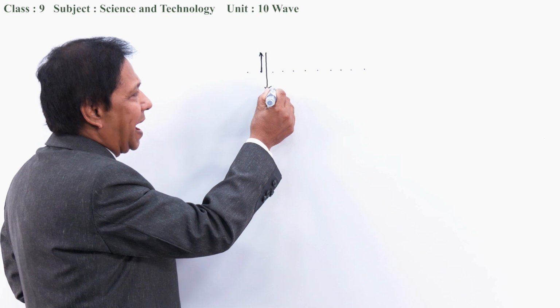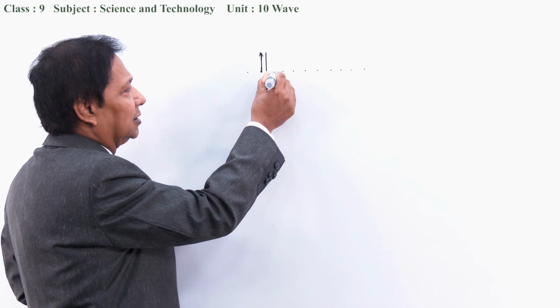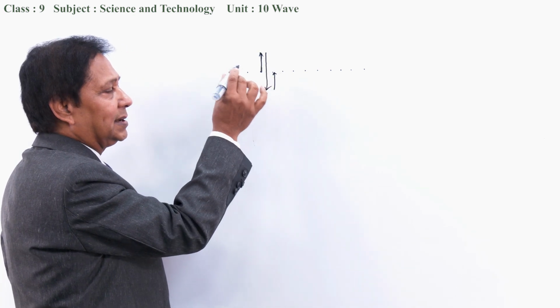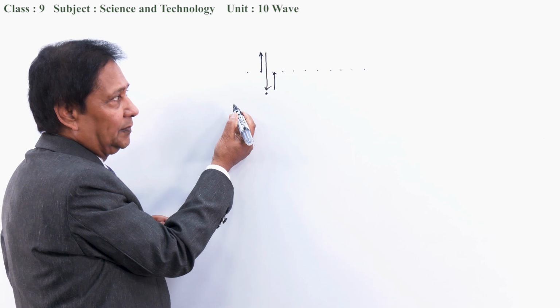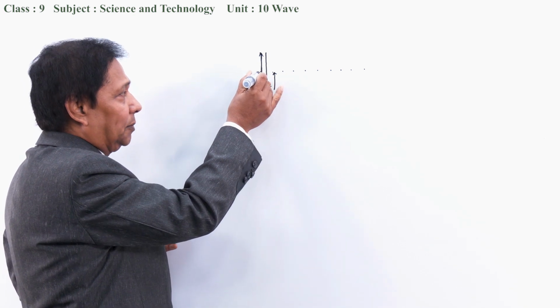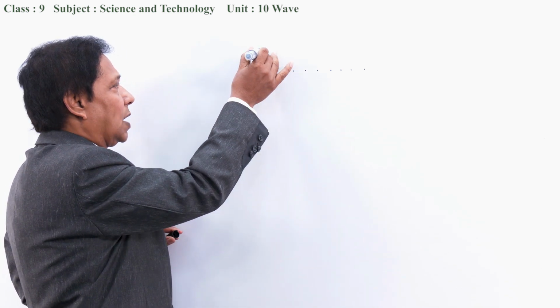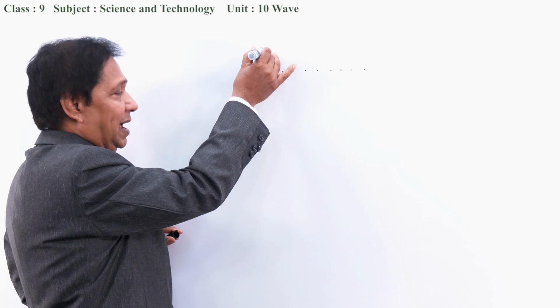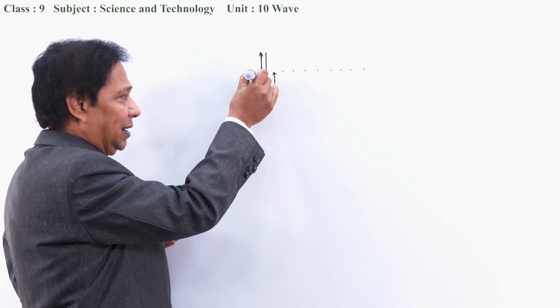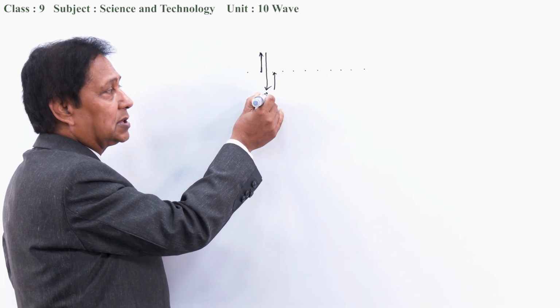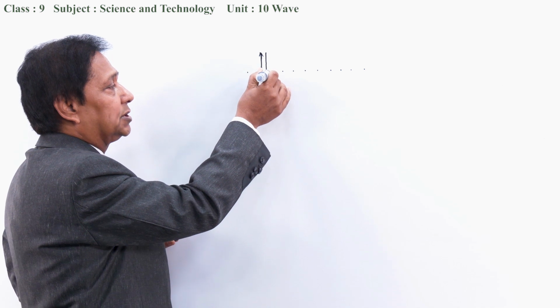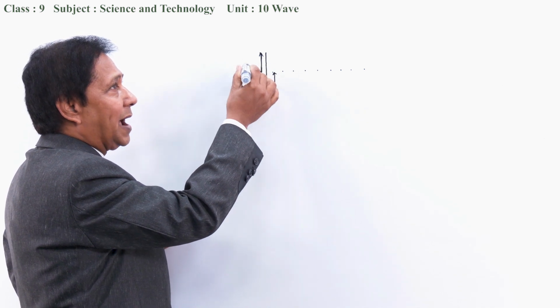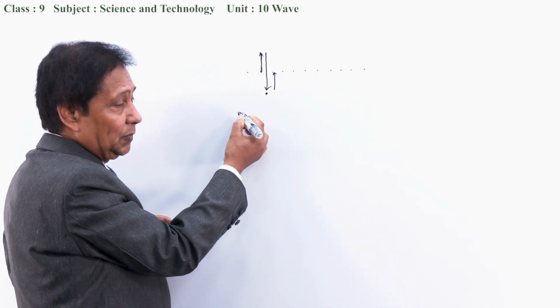Again it comes back to the mean position. This way one vibration is completed by the particle. It starts to move from the mean position, goes to the extreme position on one side, comes back to the mean position, goes to the extreme position on the other side, and again comes back to the mean position. This way one complete vibration is made.